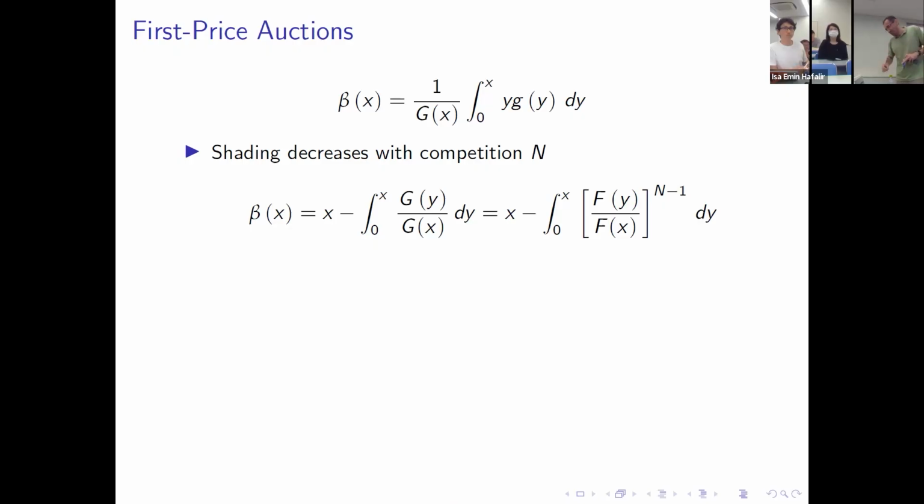Okay. So what was the restriction on the distribution F? Nothing right now. No restriction. It's atomless, continuous, differentiable. That's it. But we do not need a regulator or anything else.